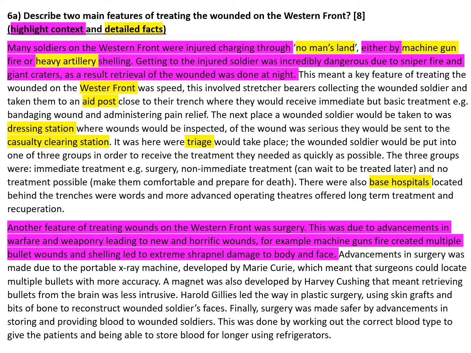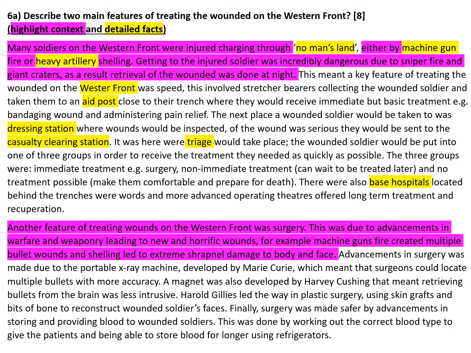Now I need to give plenty of examples of them doing it, using as many key terms and detailed facts as I can. This involved stretcher bearers. I should have highlighted that in yellow. That's a key term. This involved stretcher bearers collecting the wounded soldier and taking them to an aid post close to their trench, where they would receive immediate but basic treatment, for example, bandaging the wound and administering pain relief.